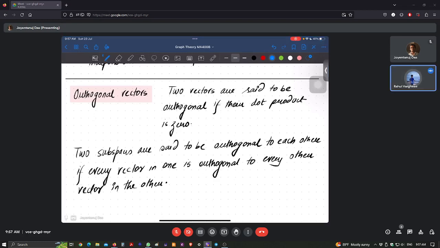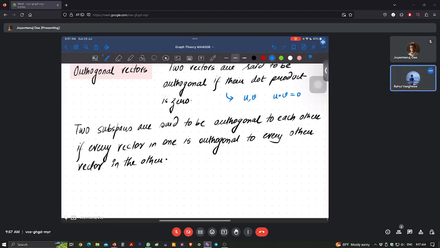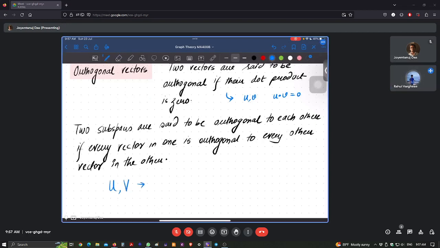So let me explain. Here the notation we'll use: suppose u and v are two vectors, then if u dot v equals 0, we'll say that they are orthogonal, right? And the second thing is, suppose capital U and capital V are subspaces.